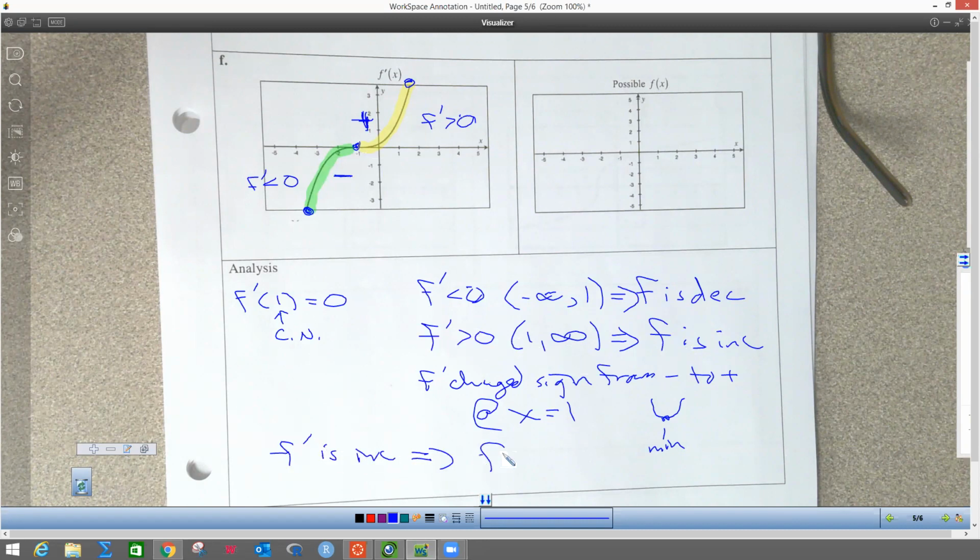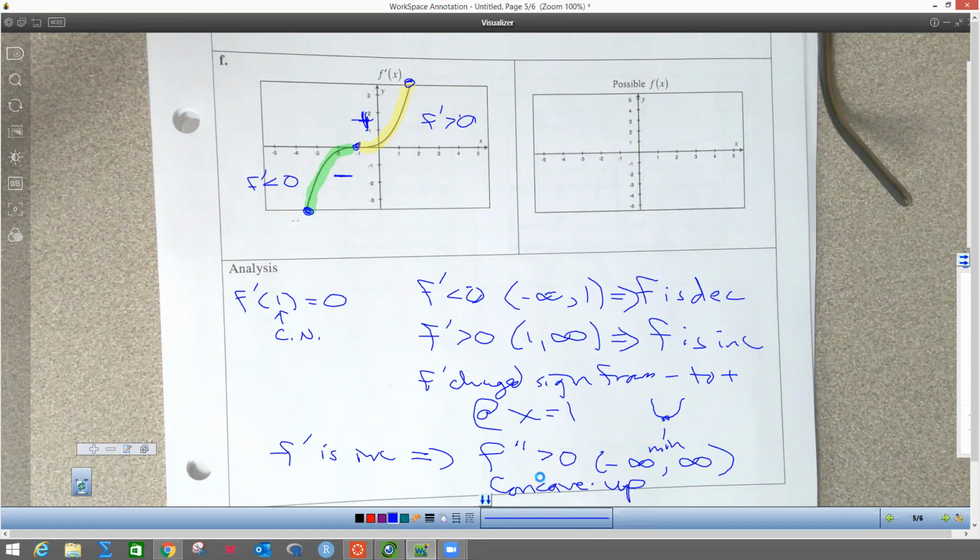That tells me that f double prime, the slope of this, is f double prime. That tells me f double prime is greater than 0 for all values. Now, what does that mean? Well, f double prime being greater than 0 for all values means that this graph is concave up everywhere. So this graph is also concave up.